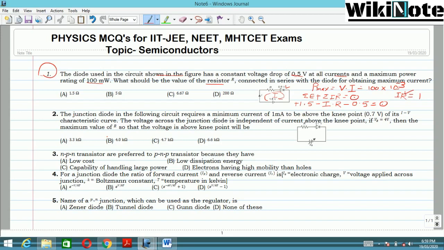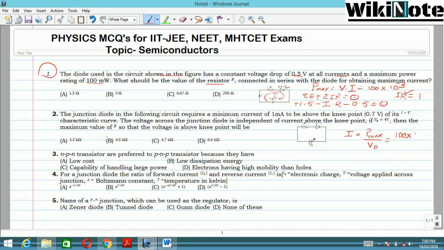Now from the given data, the maximum power rating of this diode is V into I, which is given as 100 milliwatt. Here the voltage drop across this diode is also given, which is 0.5 volt, so the drop is always 0.5 volt. So the maximum current will be P max divided by the voltage drop across the diode, and P max is 100 milliwatt.